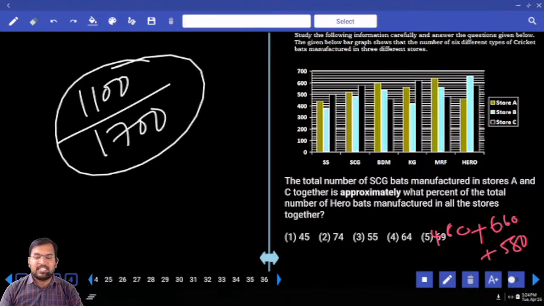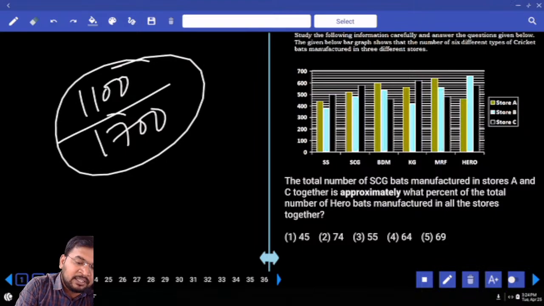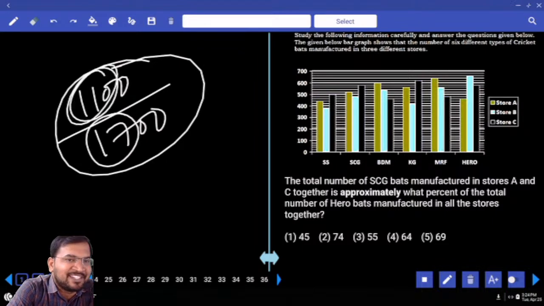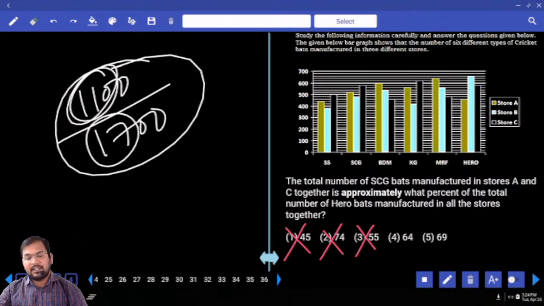1100 is how much percentage of 1700? Don't do anything; in the 17 table, see how many times 110 goes. 17 sevens are 119, so our answer is less than 70, though very close to 70. 17 sixes are 102, so our answer is more than 60 and less than 70.